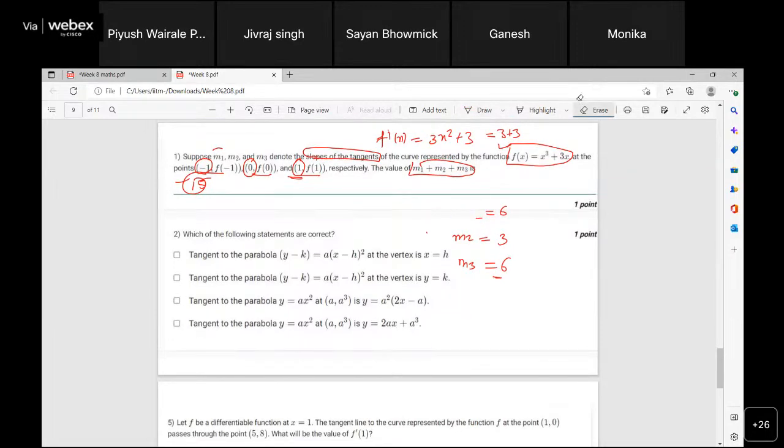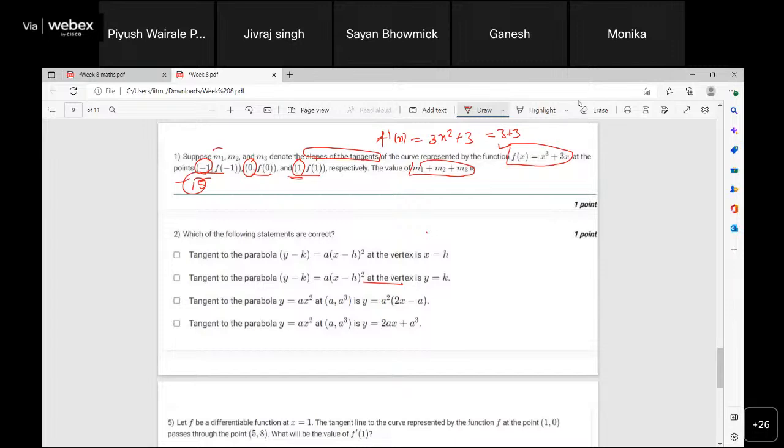Just try the second one. The second option would be correct. So at a vertex we are talking about, right? Yes, sir. Same thing we have to do. We have to find the tangent to the parabola, find the equation, and then find the slope.